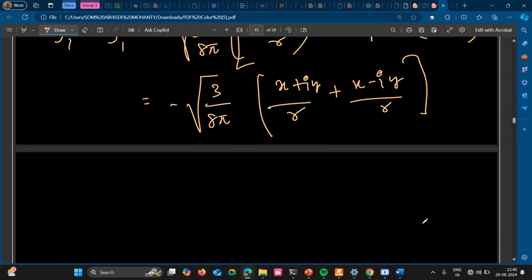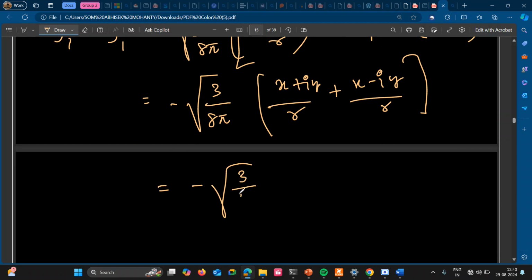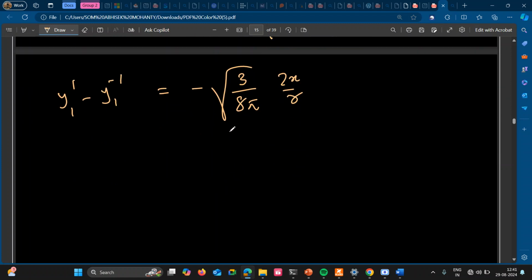Now you see the y terms will be cancelled out, so only x will remain: root over 3 by 8 pi, 2x by r. This is Y11 minus Y1 minus 1. So I got x by r from here.